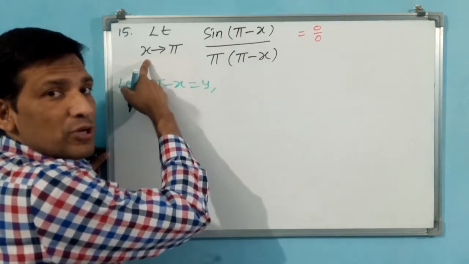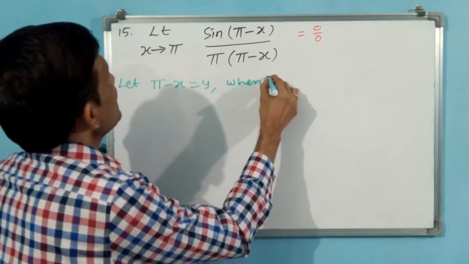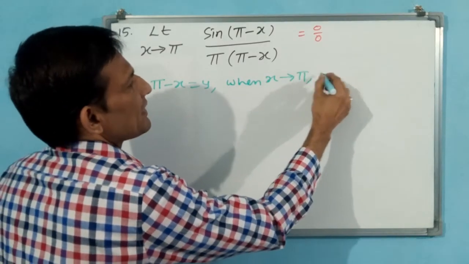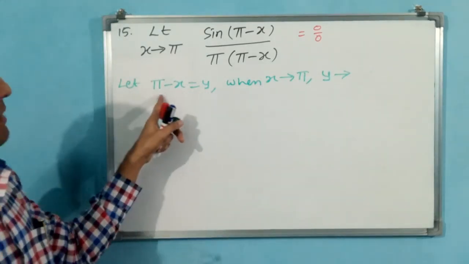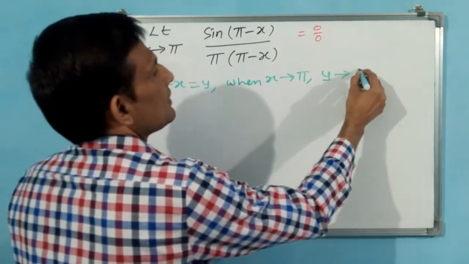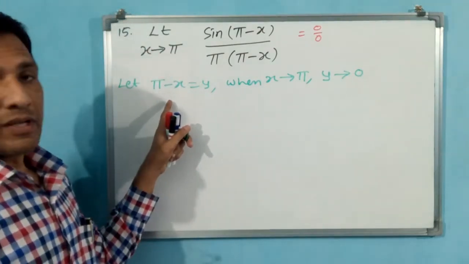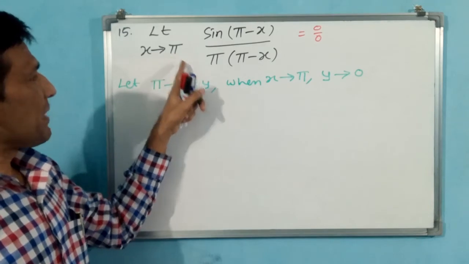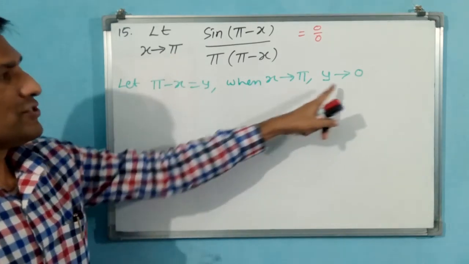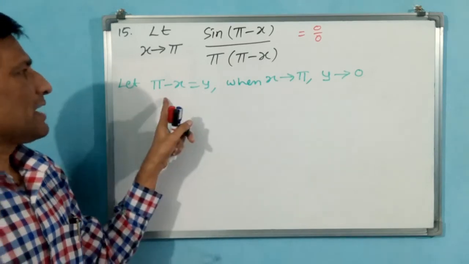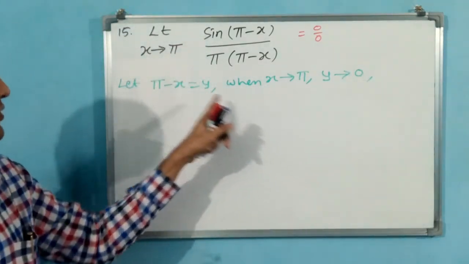Then this limit also you have to change accordingly to y. Now again write. When x tends to pi, y tends to pi minus pi, 0. Okay, I need not write pi minus pi, y tends to 0.